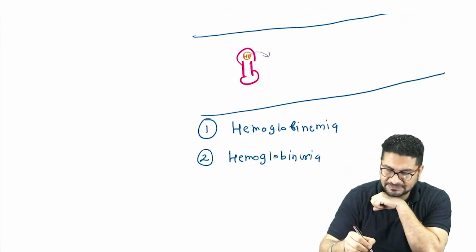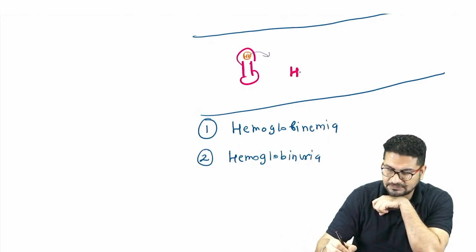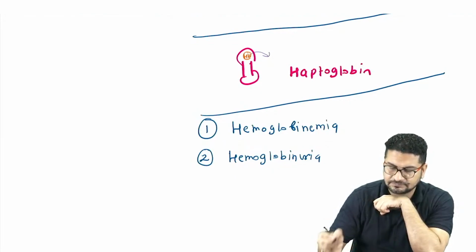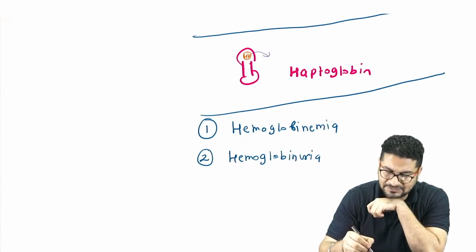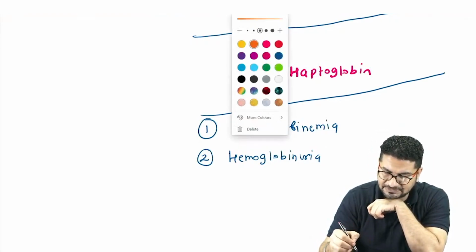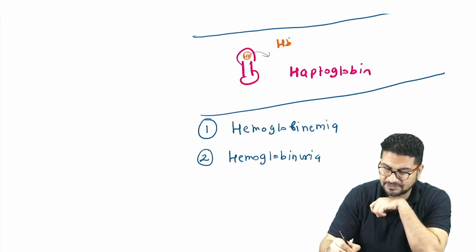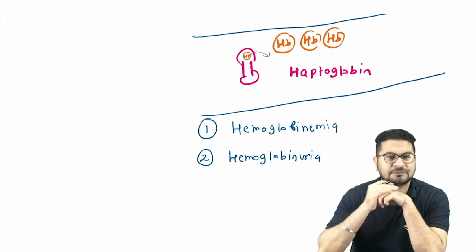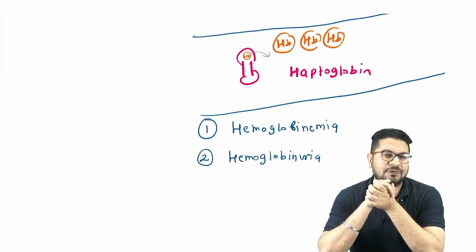When RBCs are dying, there is a protein that takes care of the dead RBC. This protein is called haptoglobin. Suppose too many RBCs are dying, means too much hemoglobin is coming out. Haptoglobin takes care of this dead hemoglobin.